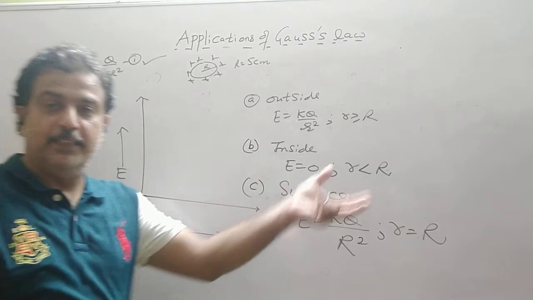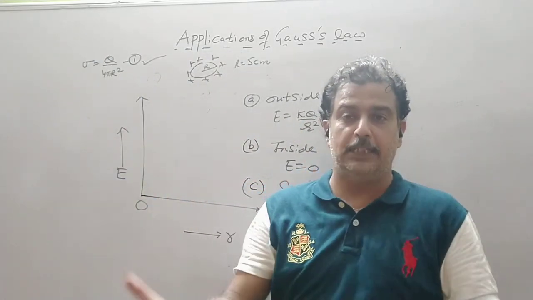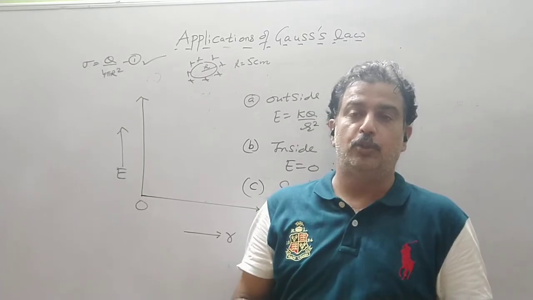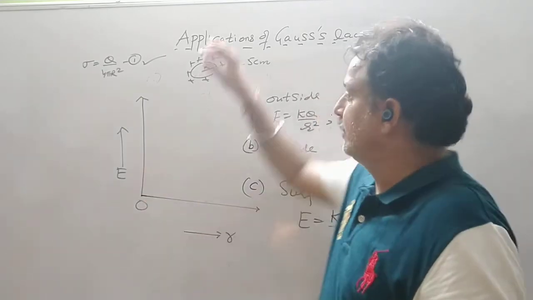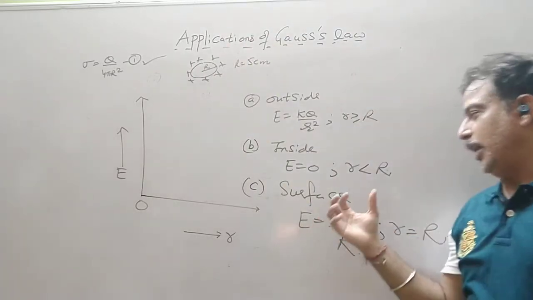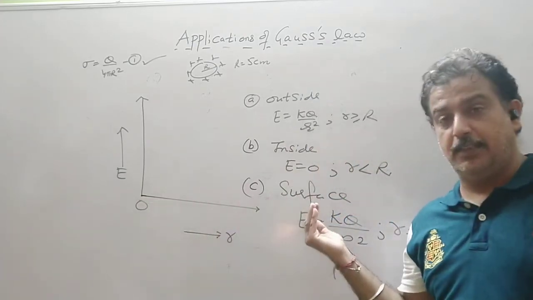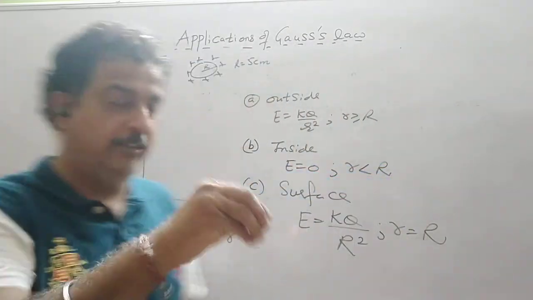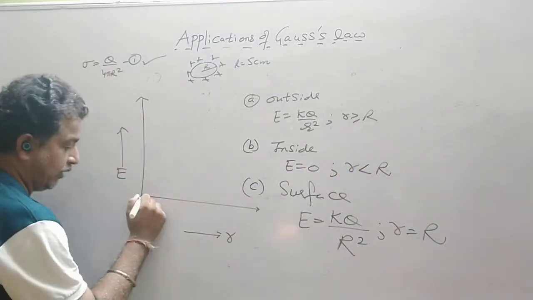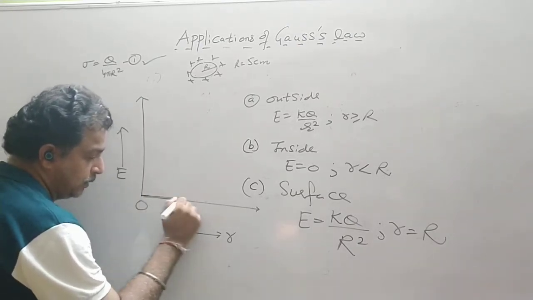Now for all the points inside it, let us say point P is 1 centimeter away, 2 centimeter away, 3 centimeter away, 2.5 centimeter away, all the points come inside it. For all those small r values, E is 0. So as the distance increases from the center till we get to the surface, the electric field remains 0. So this is the electric field intensity, 0.